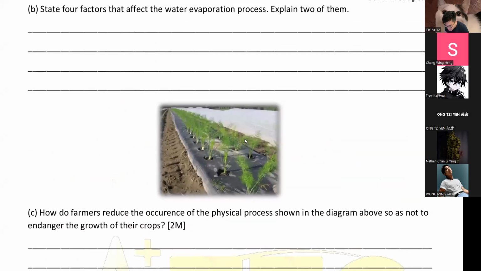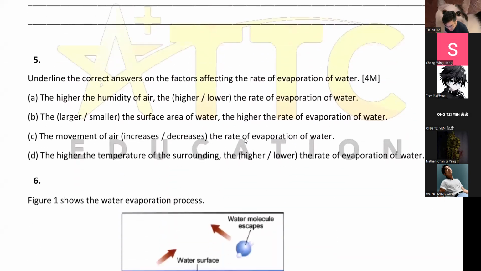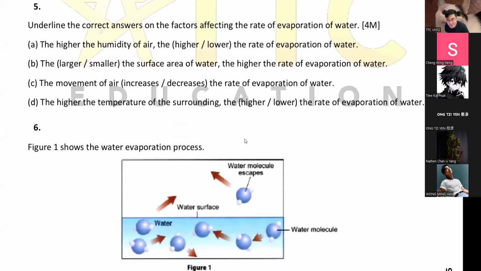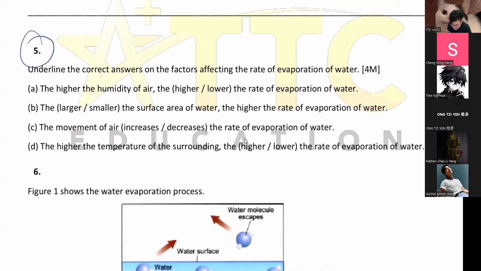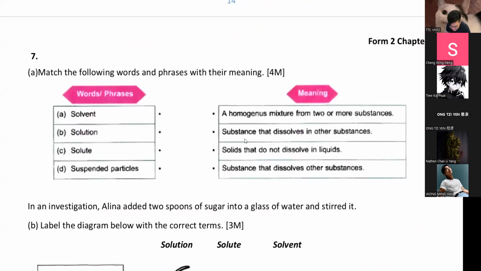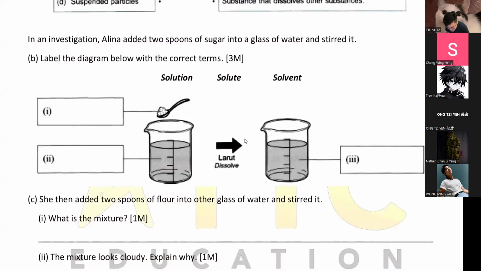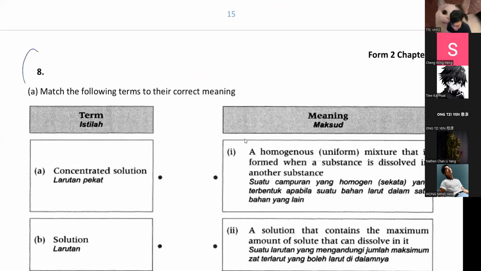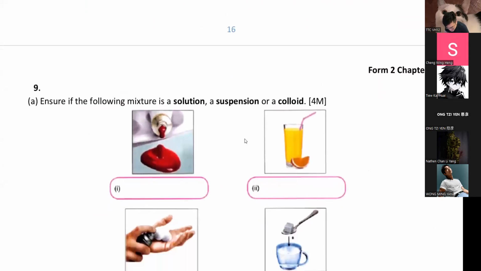Okay, guys. You know what? Since we have a bit of time, can I let you do some exercise? Guys, can you please do question 5? If you didn't watch the replacement video last week, please do question 5. Can you please do question 7, 8 and 9?